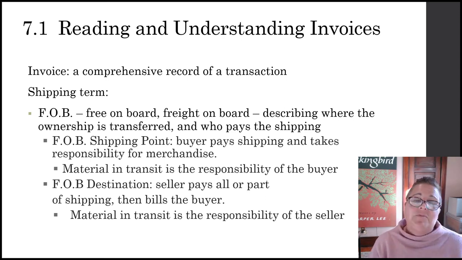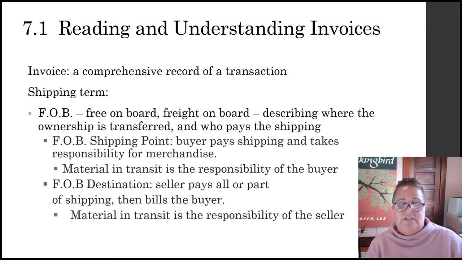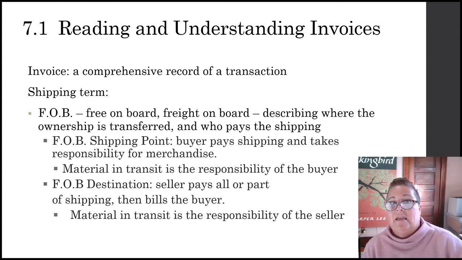Now, sometimes you will see FOB destination and the name of a city, like maybe it's an intermediary point. So, for example, I've purchased something from China, and they might do FOB destination, say, San Diego, because there's a major port in San Diego.